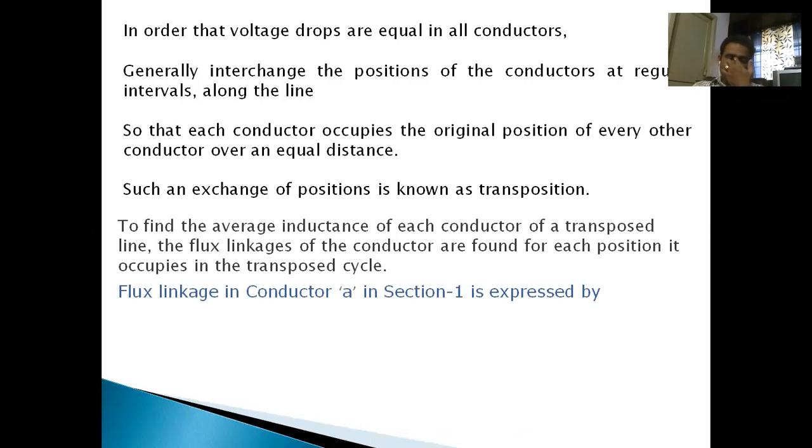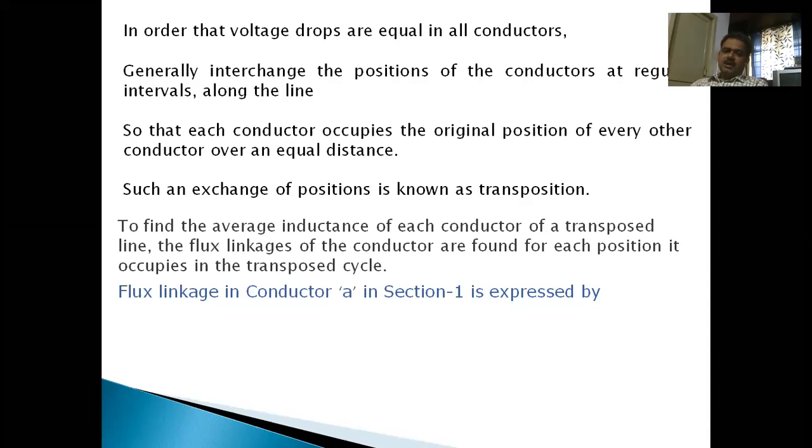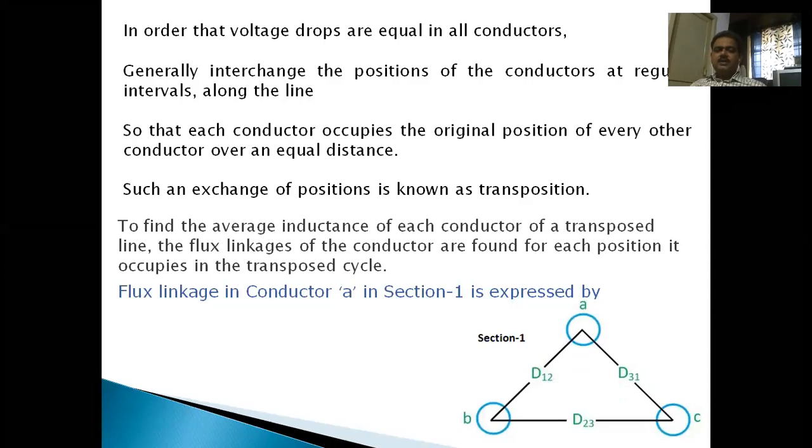So now we have to calculate the inductance in section 1. Section 1 means at 1/3 of the distance, when the first conductor takes first position, second conductor takes second position, third conductor takes third position. The entire length is divided into 3 parts.